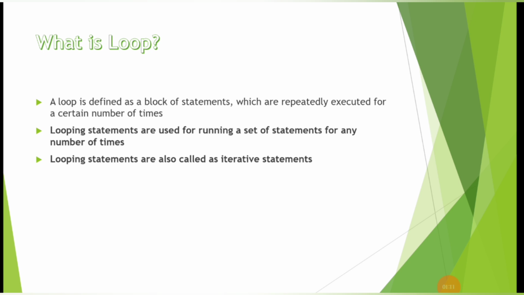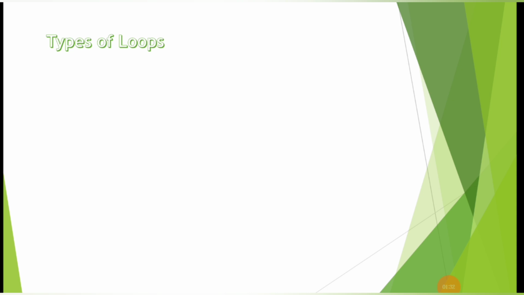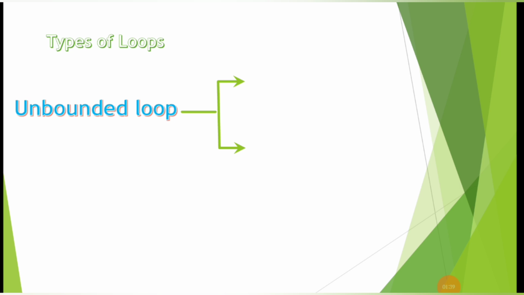So, what are the types of loops? In C programming, there are mainly two types of loops. The first one is the unbounded loop and the next one is the bounded loop. These are also called indefinite and definite loops. There are two loops in the unbounded loop: the while statement and the do while statement.